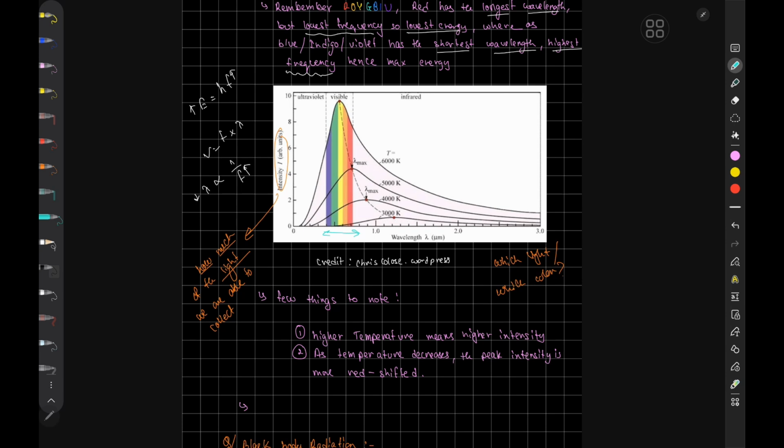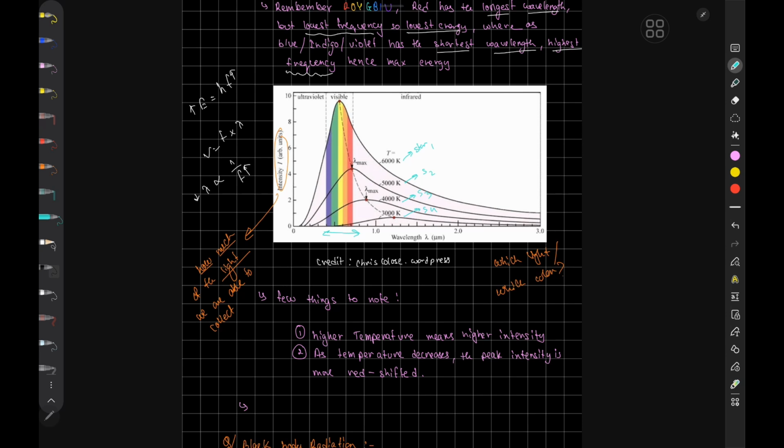Now, when you have this graph, do you see multiple lines? To be specific, there are 4 lines. All of these 4 lines indicate a different temperature. Let's say this is star 1, star 2, star 3, and star 4.